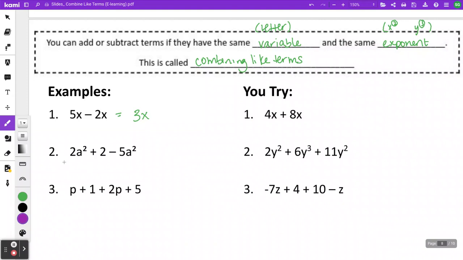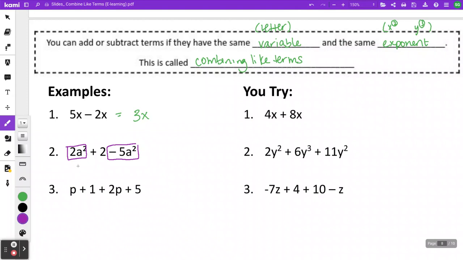There's only 2 terms that are the same, my 2a squared and my 5a squared. I'm going to be real careful because that 5a squared has a minus sign in front of it, and we always want to keep the sign in front of the number. So these 2 terms in the purple boxes are what I'm combining.